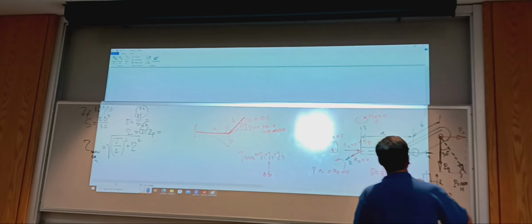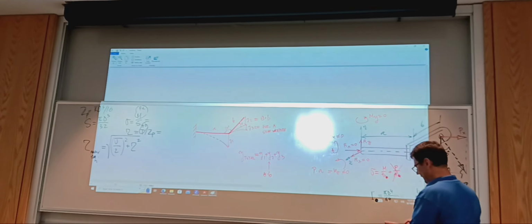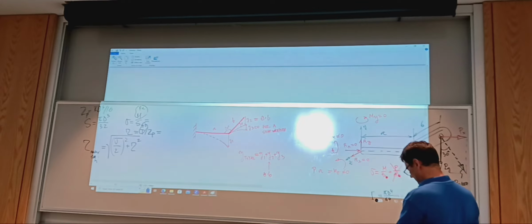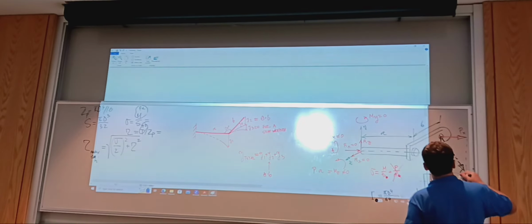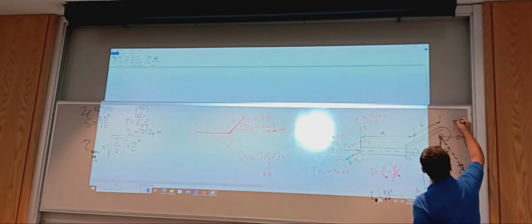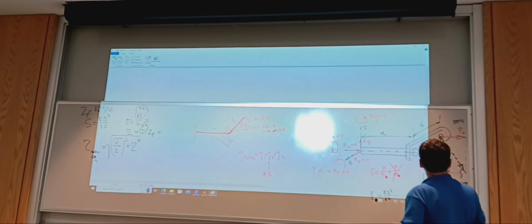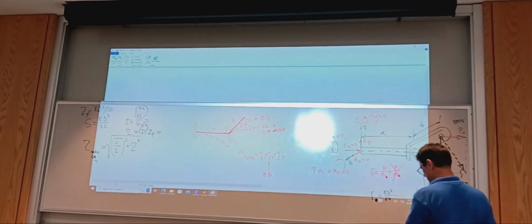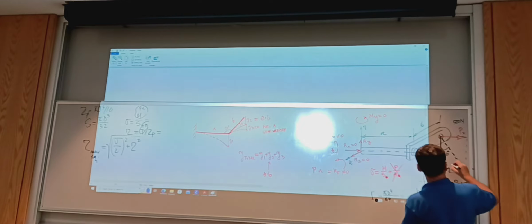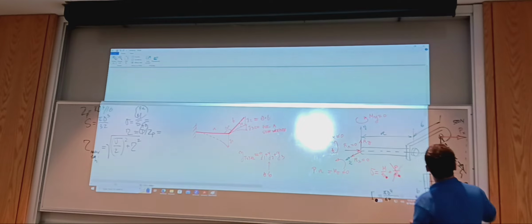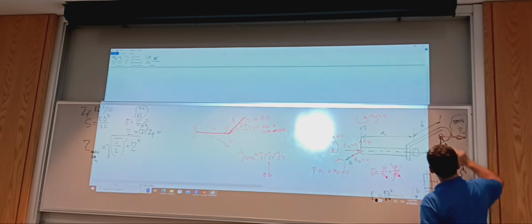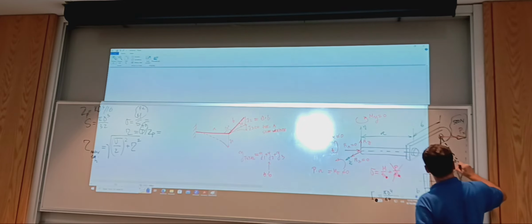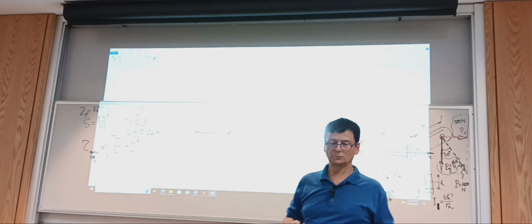So this is going to be 1,000 times sine 30, and sine 30 is 0.5, so this is 500 newtons. And then this other one would be cosine 30 times 1,000, and this is 866 newtons. Okay, is it clear what I did to the earlier problem? Do you follow? Okay.